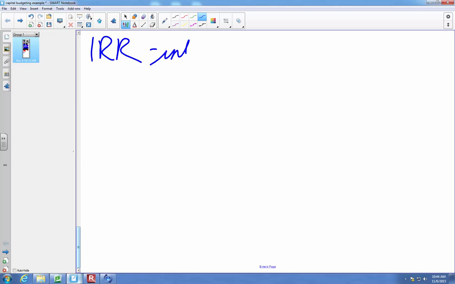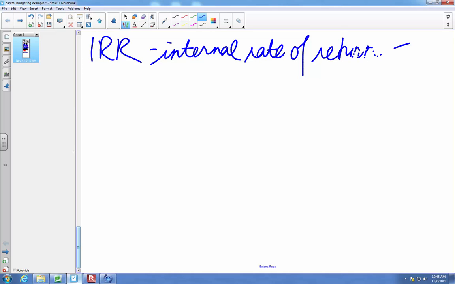Internal rate of return. Yes, that's exactly what it is. And this is basically taking your cash flows from a project, using the tables, and determining what it's going to yield you.